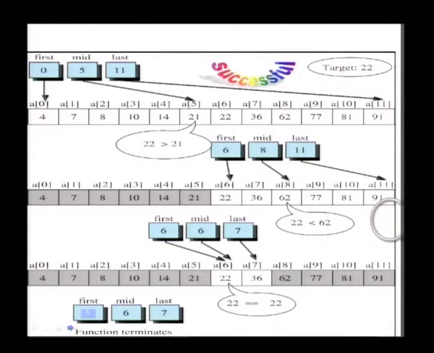Right? And this is the most important thing, that it is present in the array indices first and mid minus 1 in this case, right? And as you can see now, first and last have become 6 and 7 respectively, and mid is now 6, 22 is successfully found, and the algorithm terminates reporting the index of the location where 22 has been found, which in this case is 6.